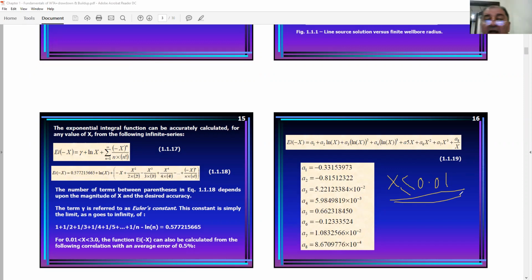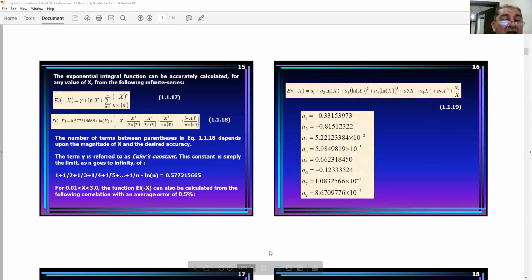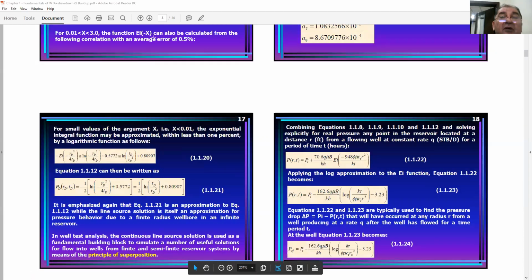We can say that the EI function is ln TD divided by RD squared plus 0.80907. This is the logarithmic approximation.